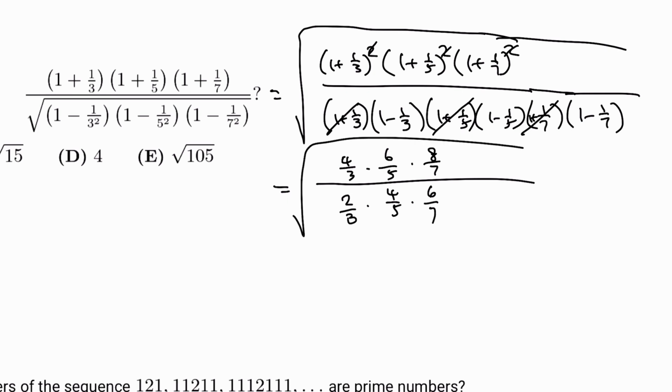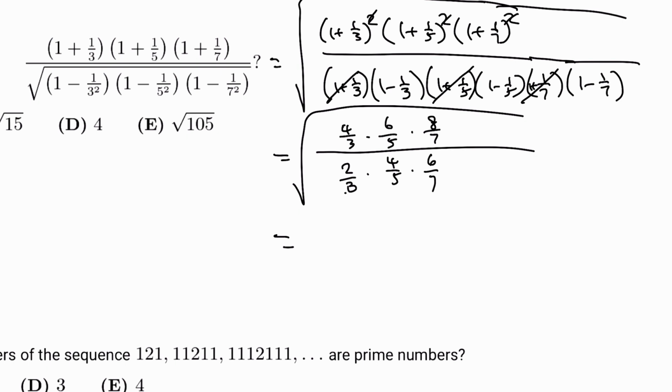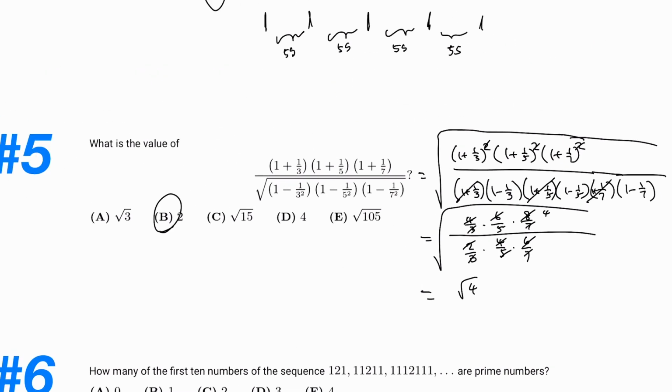Note all of that is in the square root. The denominators cancel out, and some of that also cancels out. That leaves you with, amazingly, square root of 4, which gives you the answer of 2. So it's a kind of messy problem, but the answer turned out to be nice and neat.